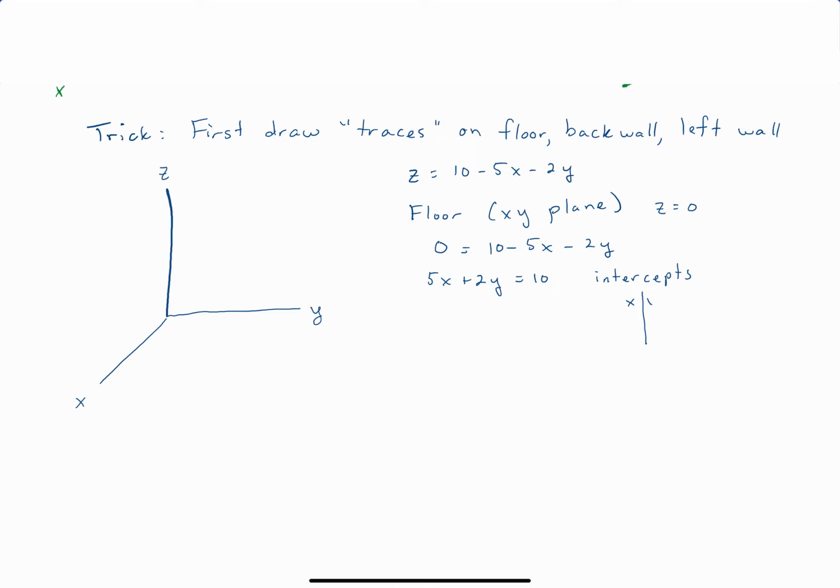So if x is 0, so in other words, the x term is gone because x is 0, then y has to be 5. On the other hand, if y is 0, so the y term is gone because we put a 0 in for y, then x has to be 2.